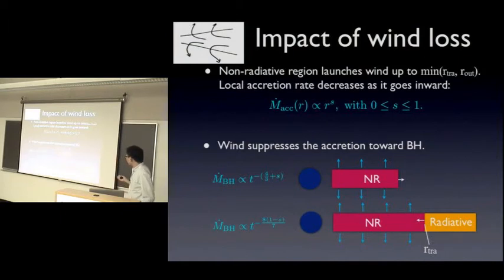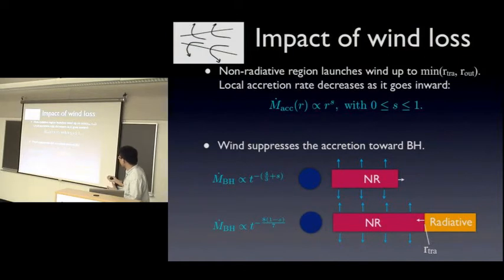We also assume that only the non-radiative region in the disk can launch wind. So during the early entirely non-radiative phase, the entire disk is windy, but the disk is expanding with time. The final accretion rate onto the black hole is going to be suppressed by the wind loss. Since the wind region is becoming larger and larger, the suppression factor is becoming larger.